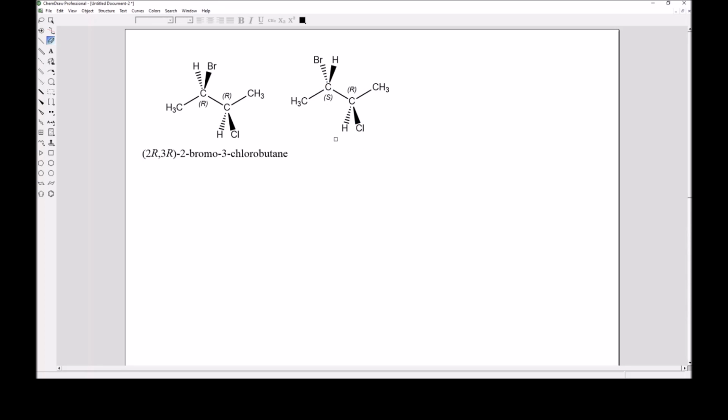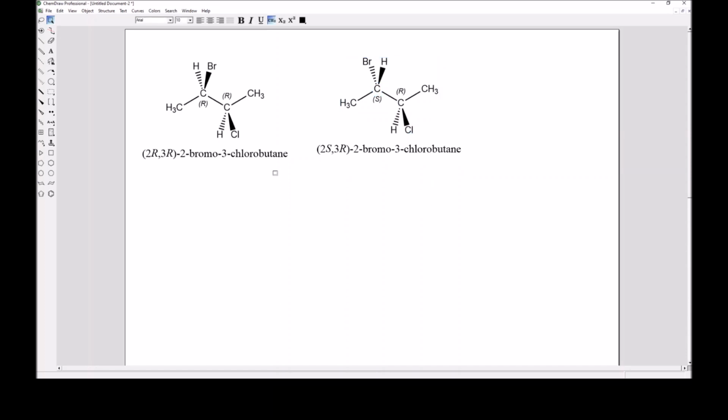And it went ahead and auto-updated the stereochemical label. This is always going to be the case when you just rearrange a chiral center. There's only two options. It's either R or it's S. If this is what R looks like, then this has to be S. And now this represents a different stereoisomer. Okay? And this would be the (2S,3R)-2-bromo-3-chlorobutane.